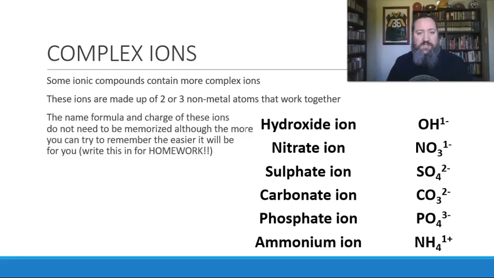Sometimes you'll see these larger pieces: OH, NO3, SO4, etc. These all have special names, and they attach to one of the metals, or in the case of ammonium, replace the metal in the formula. You treat them the same, but you use each one as a whole piece.